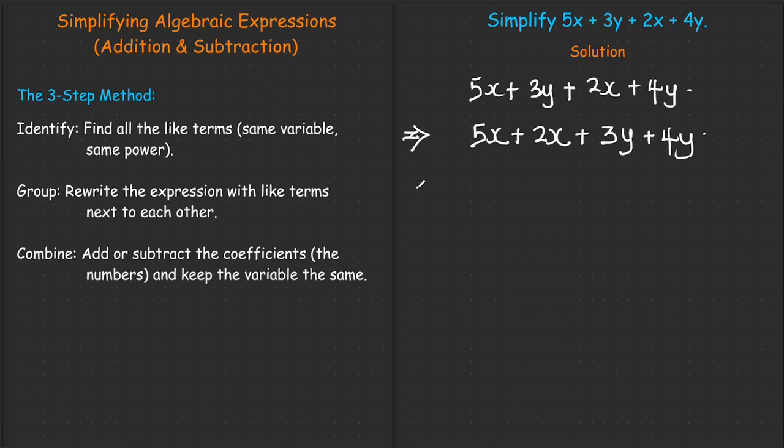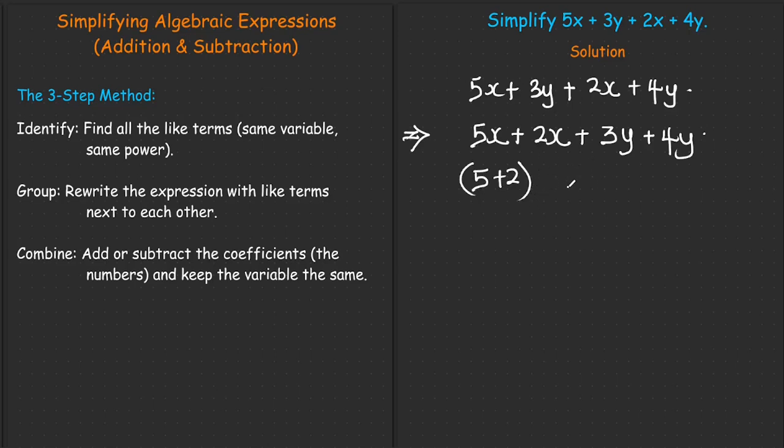Now that you are done grouping your terms, you then combine them. And by combine them, we simply mean you add, or if it is subtraction, you do that to the coefficients. With that in mind, all we want to do is to add 5 to 2. That is 5 plus 2. And they all have the x.